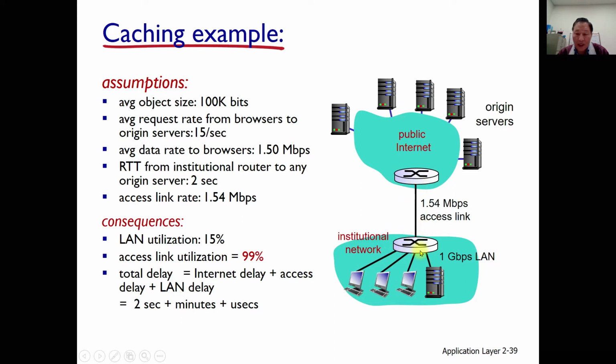Then we can understand after some analysis. Okay, consequences: LAN utilization is 15%, because this is 1 Gbps, and this LAN is utilized 15%.